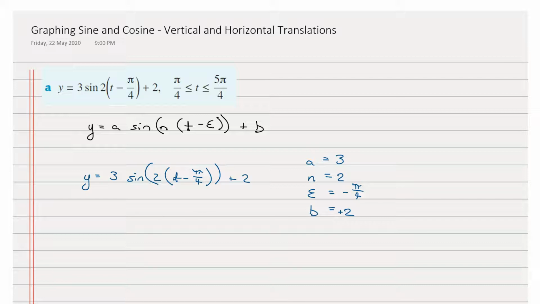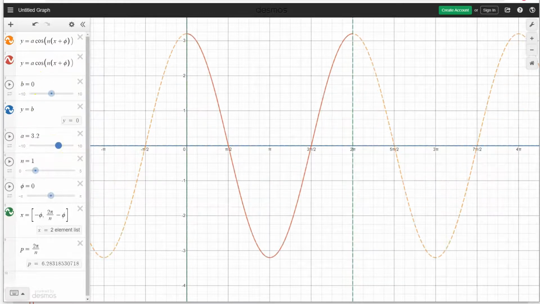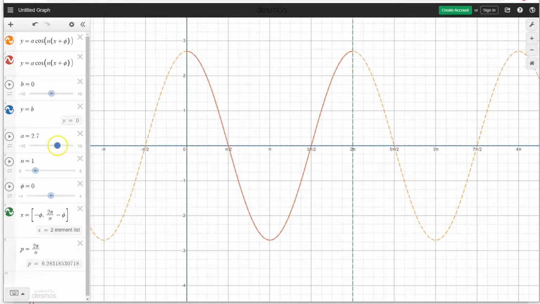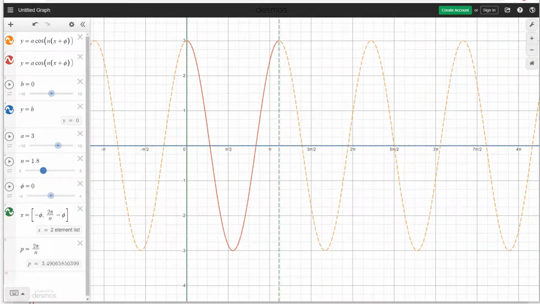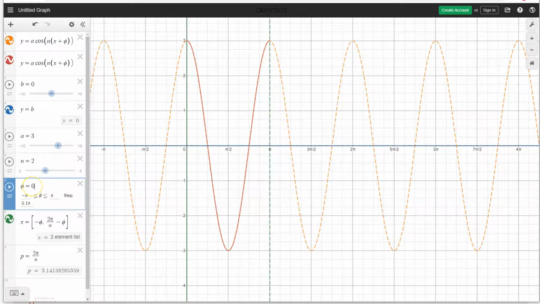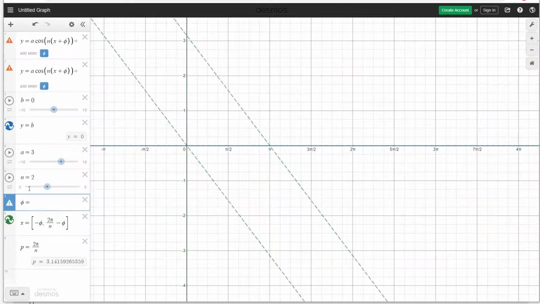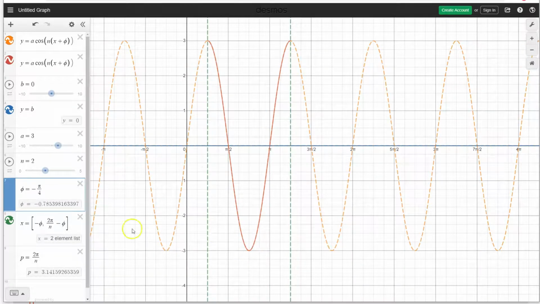Now, to start off this video, I'm thinking we'll graph this particular one using Desmos. So we've got an a value of 3, and an n value of 2, I believe. We had a shift of negative pi divided by 4, and then we had this b value here.